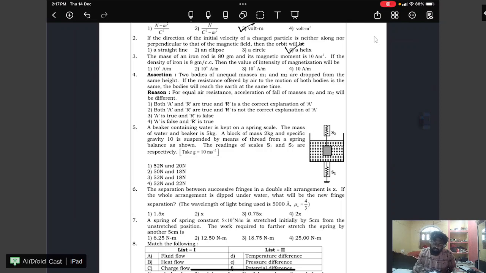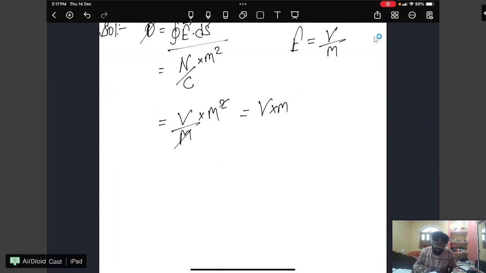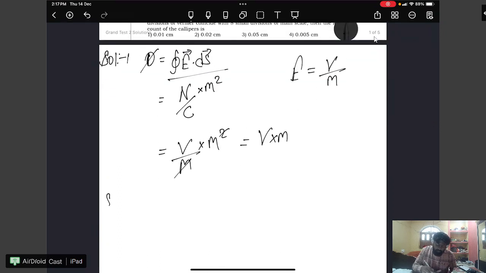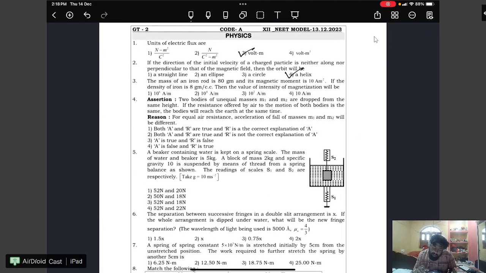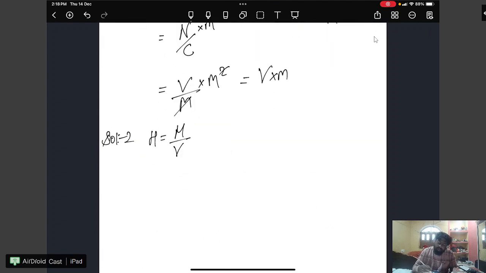In the previous class, like yesterday's lecture also, we have already seen that intensity of magnetization is equal to magnetic moment per unit volume. Magnetic moment they have given as 10 ampere into meter square.